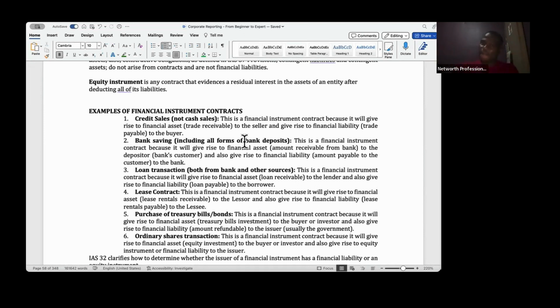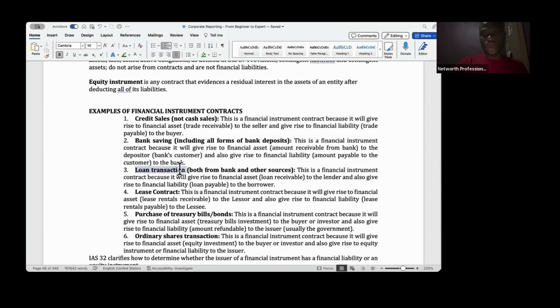The bank has an obligation to deliver that cash to you whenever you need it. So the bank has a financial liability. The two sides are complete. Bank savings gives rise to a financial asset of one entity, the depositor, and a financial liability of another entity, the bank.